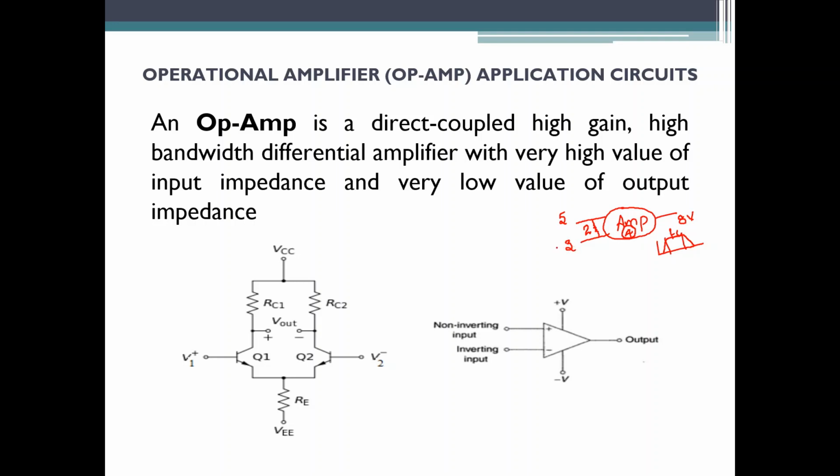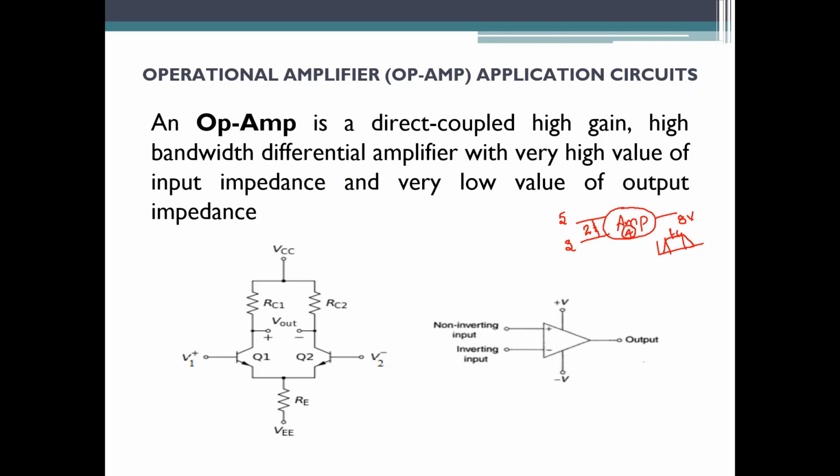The input signal received by the amplifier should be very small, so the resistance should be high. At the output side, the output impedance should be 0, which means whatever signal gets amplified should be given as such to the output. So this is what an op-amp means.